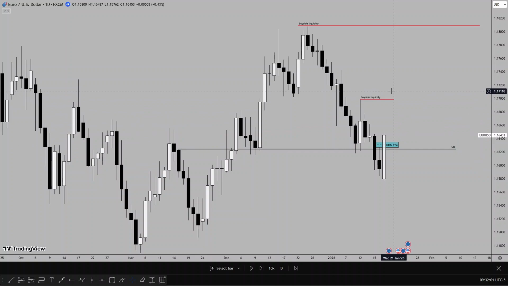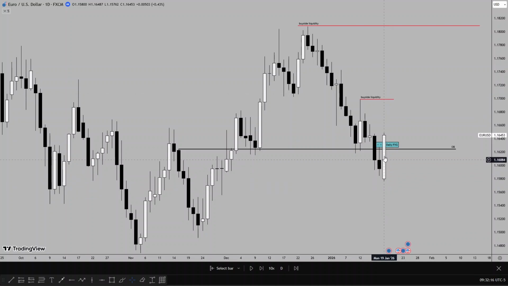When you have an overall bias from the weekly time frame, the days for you to go into lower time frame to look for your setups are the days where the daily time frame is ready to expand to the overall idea.